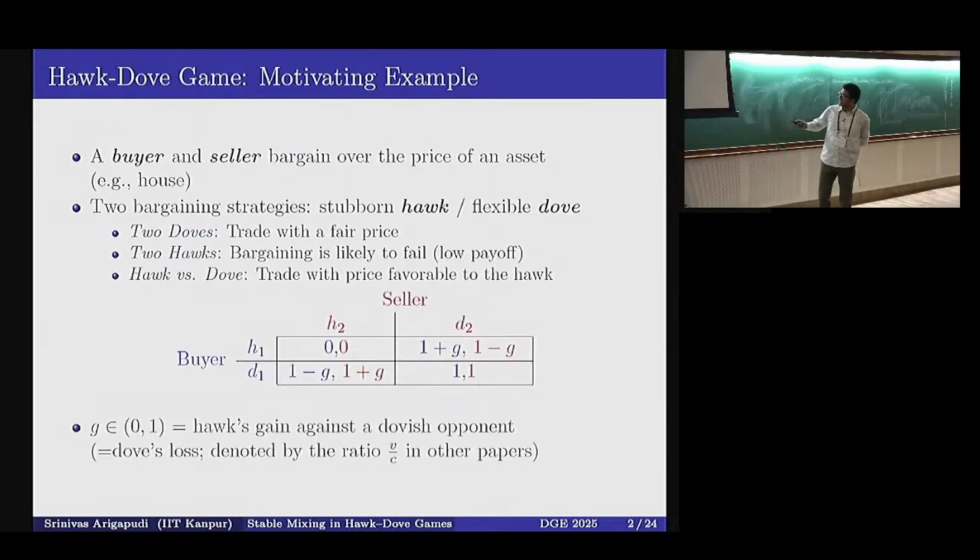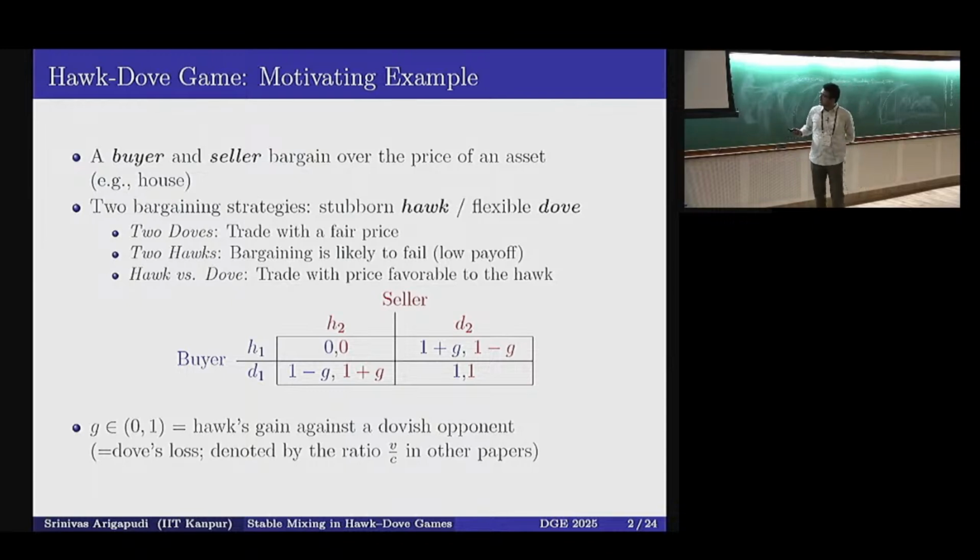This story can be roughly represented in this payoff matrix. The payoff matrix which you will usually see for a hawk-dove game would be slightly different. It will have different parameters, but essentially this game captures everything. As you can see here, this game has three Nash equilibria.